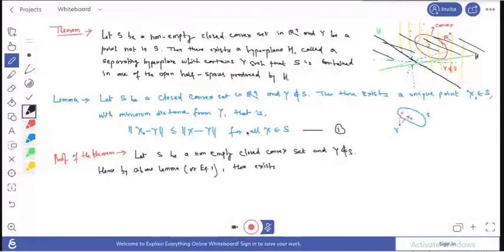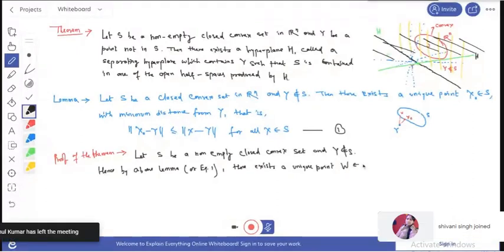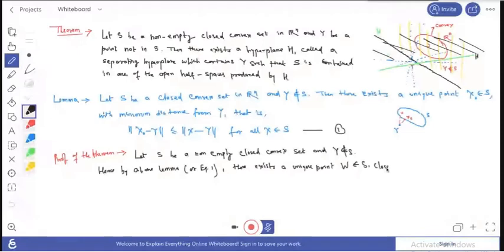So there exists a unique point, say w, which belongs to S, which is closest to this external point y.